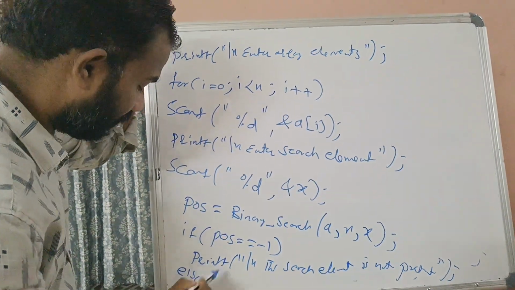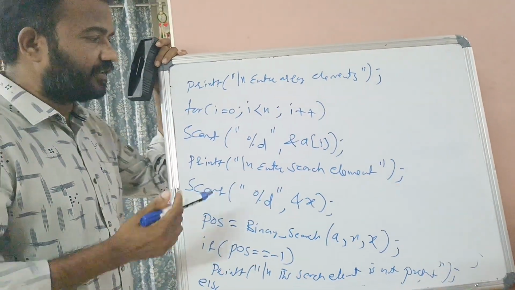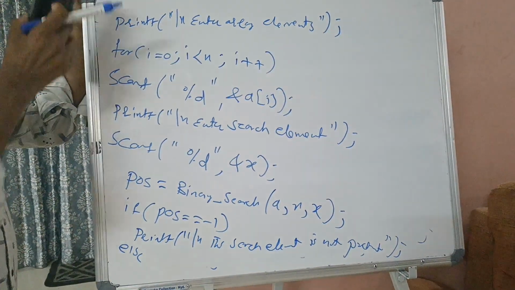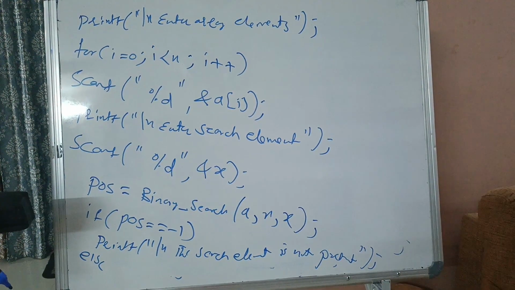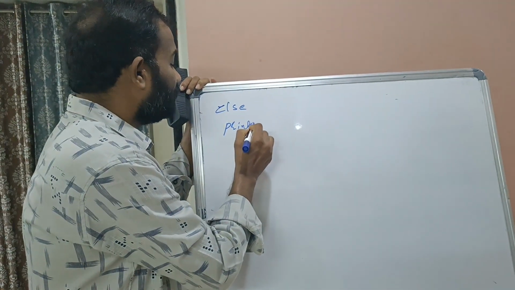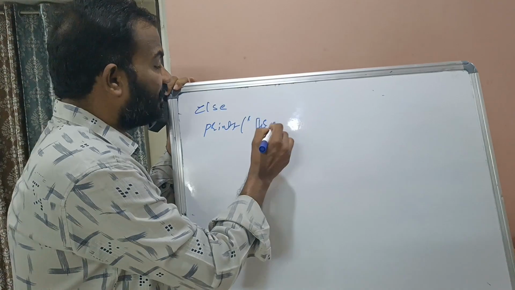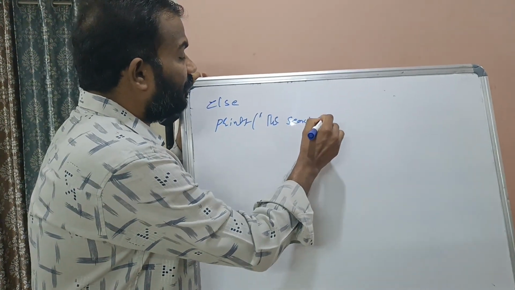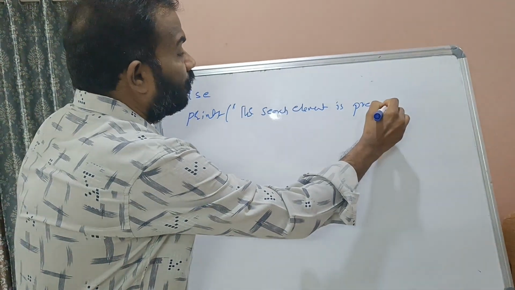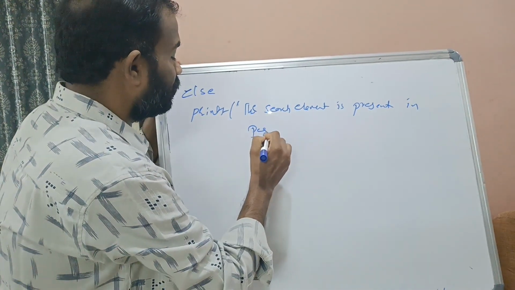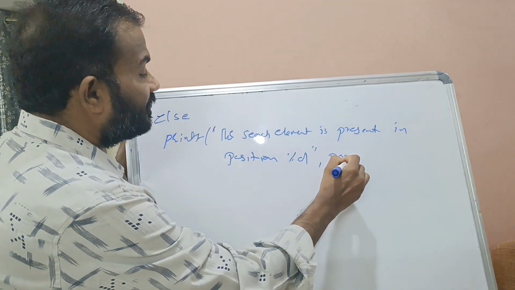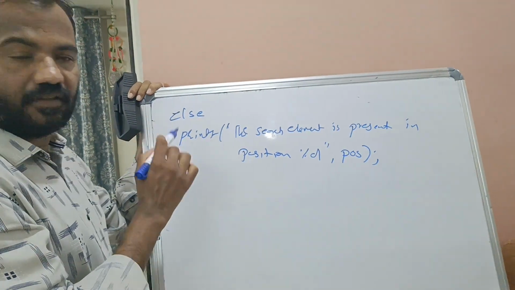Else, that means the search element is present, then printf: the search element is present in position %d, pos. Now return 0.